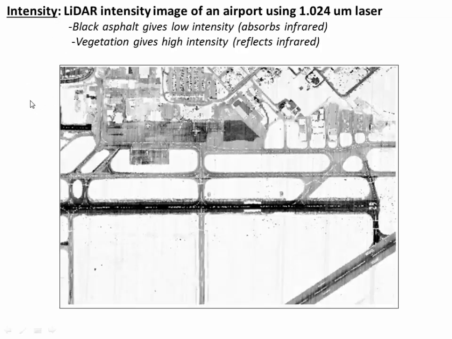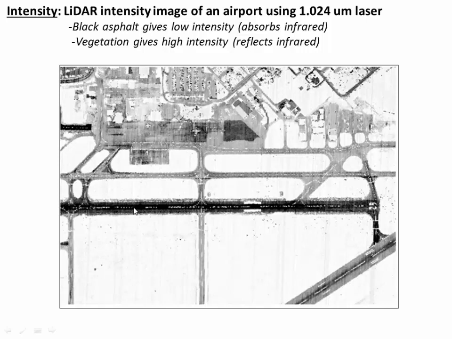And now let's look at intensity. So here's an example of intensity. This is an intensity map of an airport collected using a 1024 nanometer laser. So this is an infrared laser. And what you can see here is that the black asphalt of the runway is very good at absorbing this infrared wavelength.